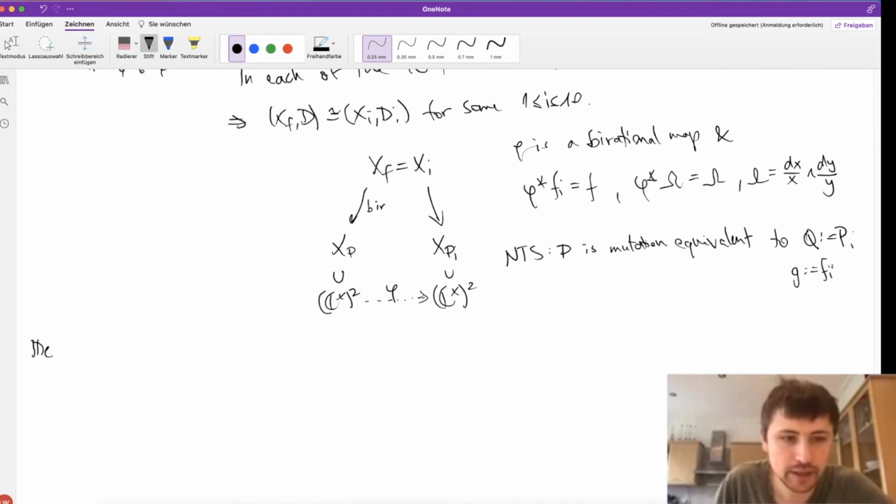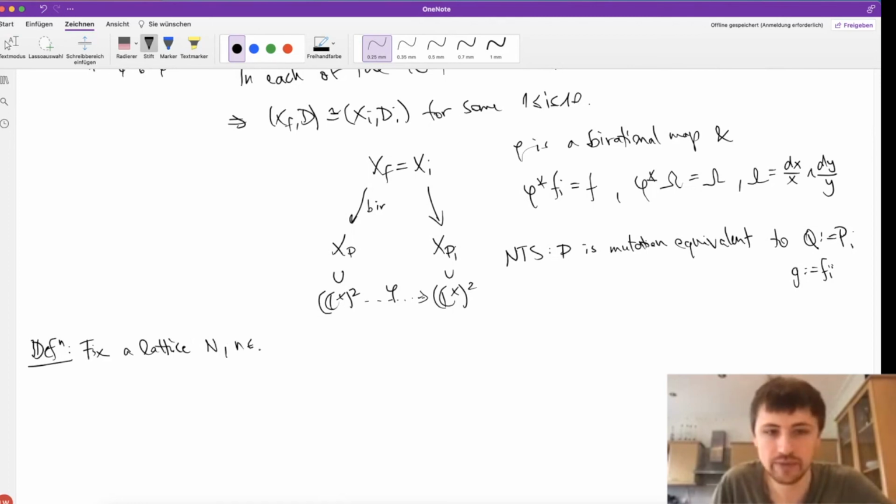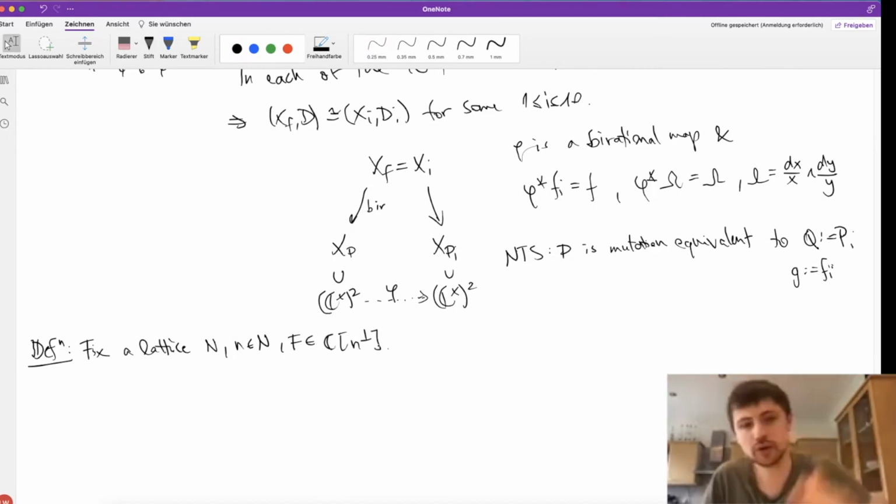Let me very briefly define what I mean by an algebraic mutation. Fix a lattice N, a vector n in N, and a Laurent polynomial f such that the exponents are orthogonal to n.